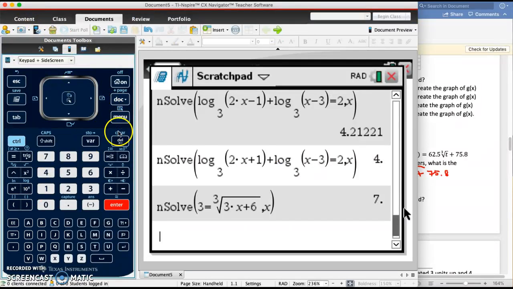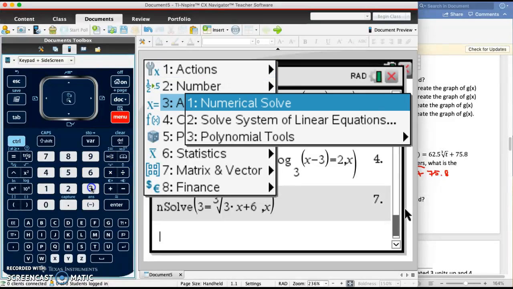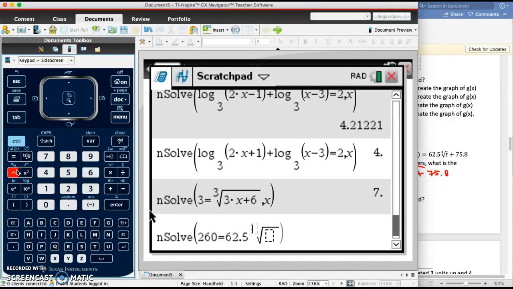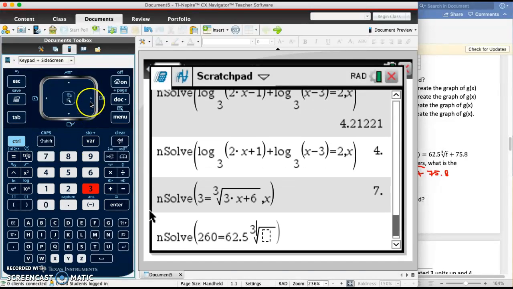I'm going to enter and solve again, menu, 3, 1, and I go 260 equals 62.5, then control, cube root of x.